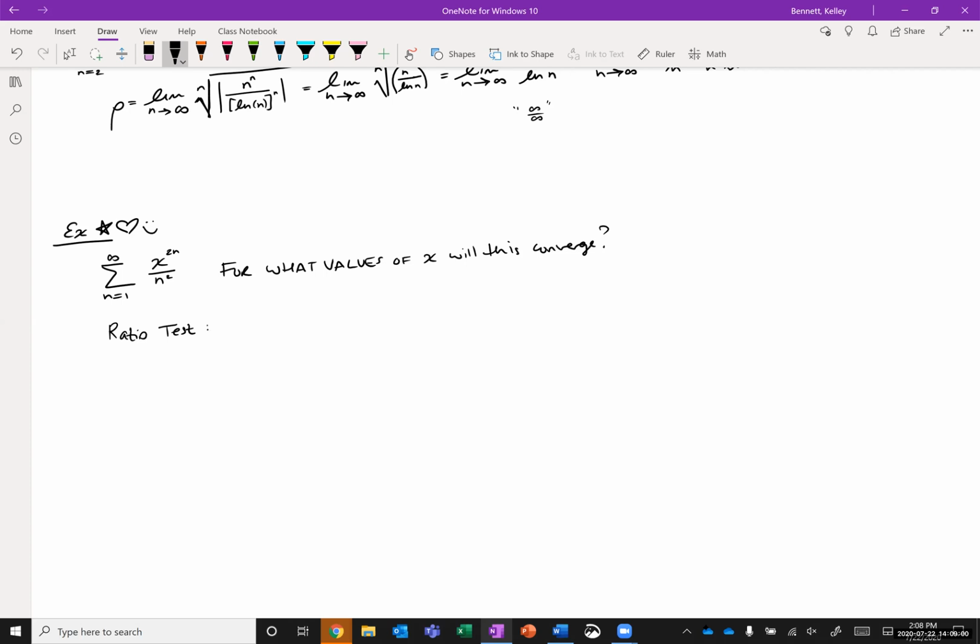So the ratio test will give us rho equals the limit as n goes to infinity of x to the 2 times n plus 1 over n plus 1 squared over, and remember we're taking the absolute value of this, x to the 2n over n squared.